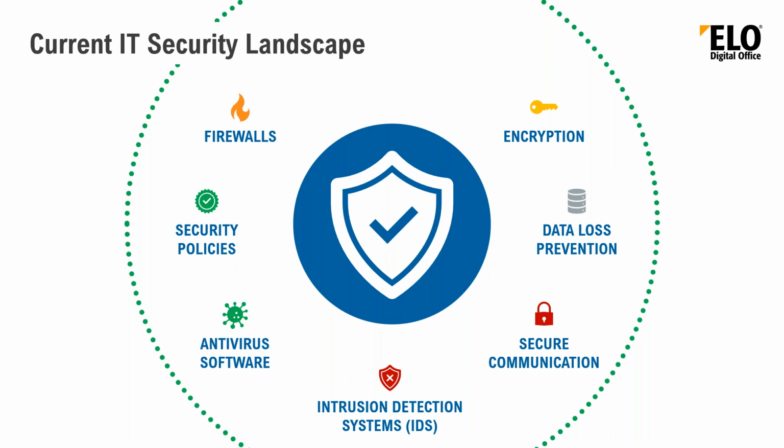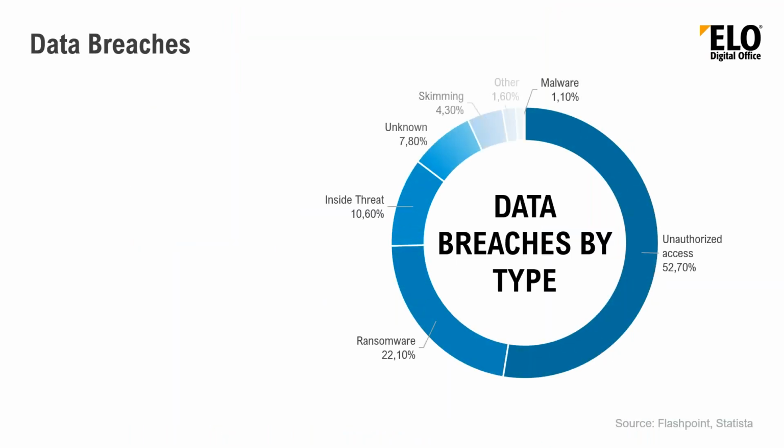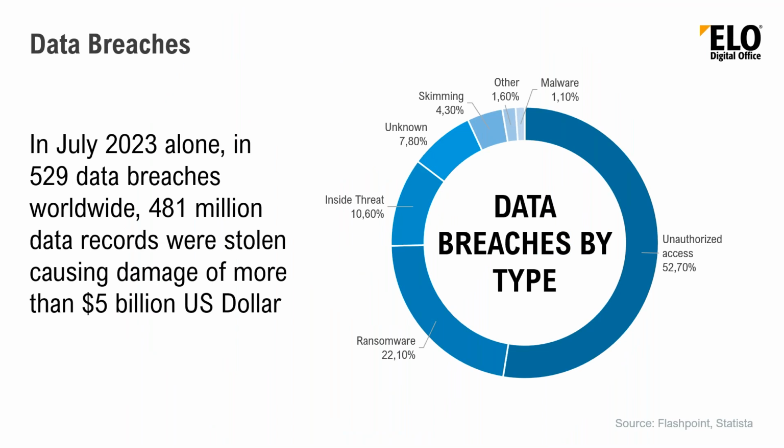But on the other hand, there can happen some data breaches. And in July 2023 alone, 500 data breaches happened, which caused a damage of more than $5 billion US. So the most data breaches happen because of unauthorized access, as you can see on the right.